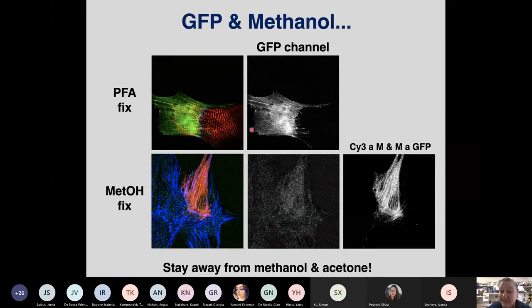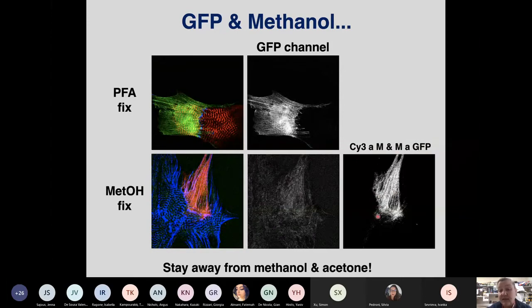For example, if you look at GFP transfected stuff, here we have examples of GFP transfected cardiomyocytes. PFA fix, GFP channel, beautiful fluorescence, transfected cell. Methanol fix: the GFP fluorescence is almost gone. But the GFP is still there, because if you use a primary antibody that recognizes the GFP, it's fine.